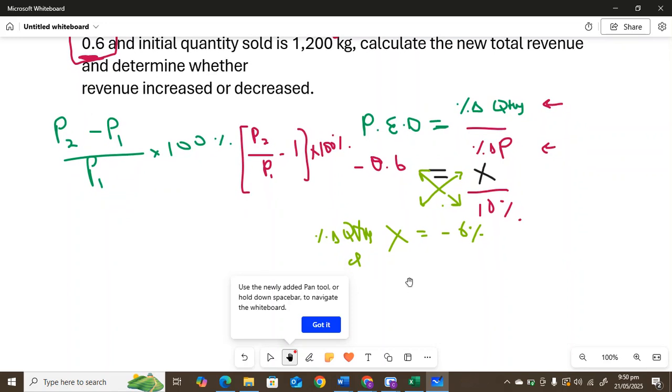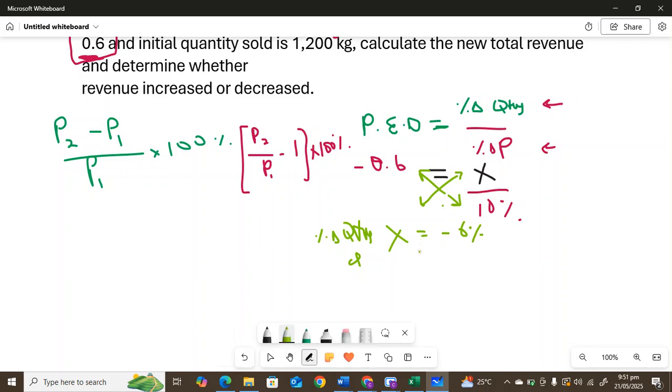Colleagues, are we okay with this before we go to the next part?